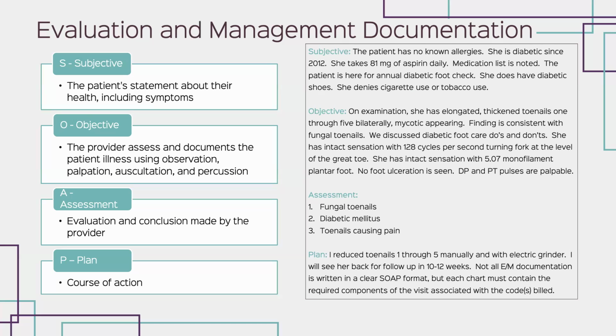That is going to come from the physical examination, as well as taking into consideration the subjective portion of the exam. And then lastly, you have your plan, and that's just going to be the course of action based on the assessment and the objective, the exam.